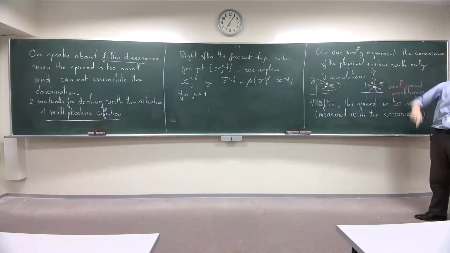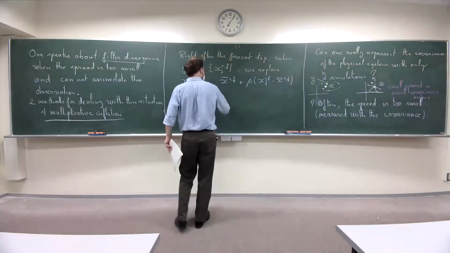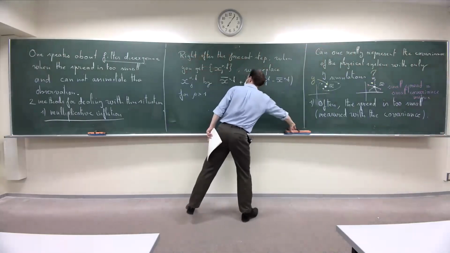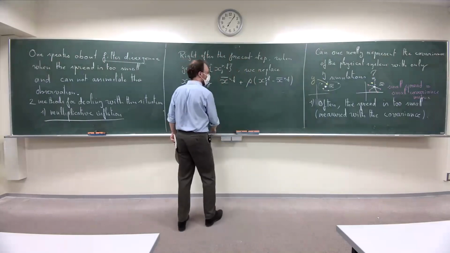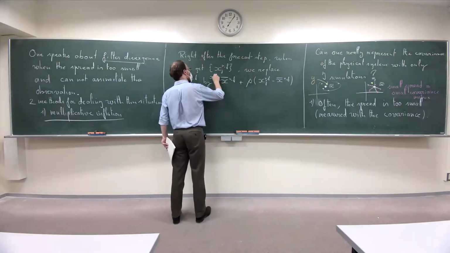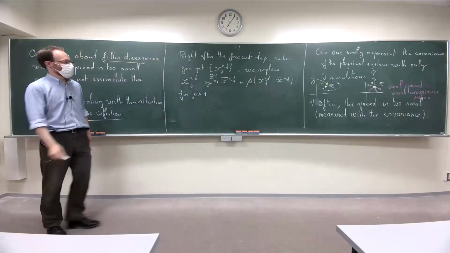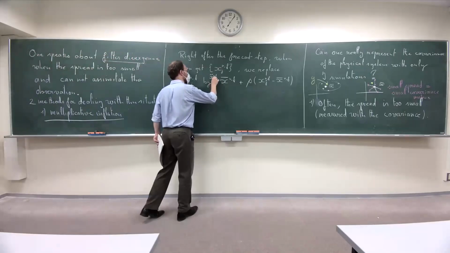And now if you take the mean value of this, so you do this for every point. Maybe I should give a name. I call this x_n^{f,j} tilde.